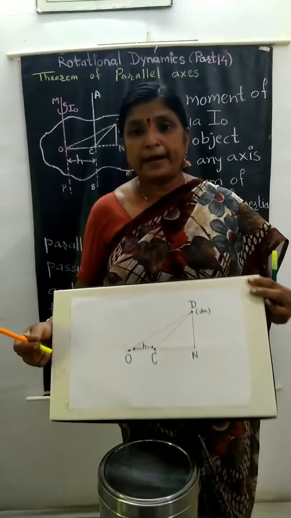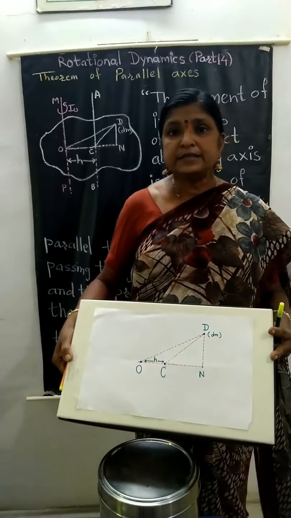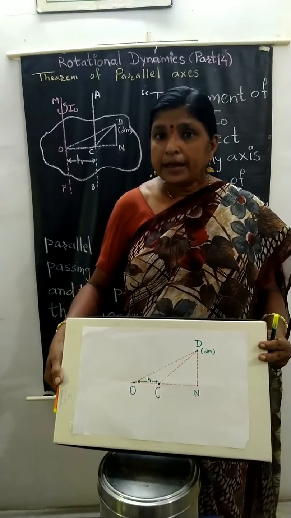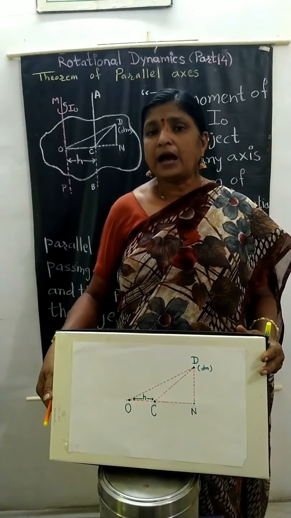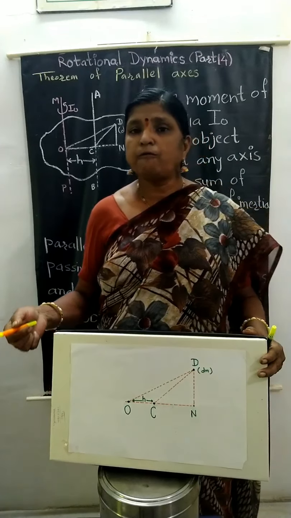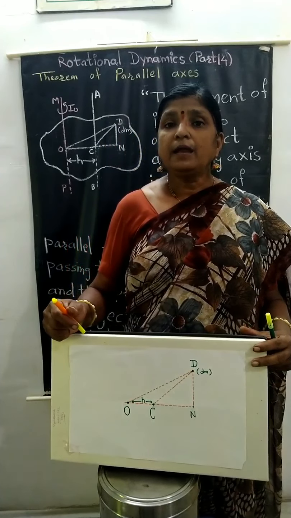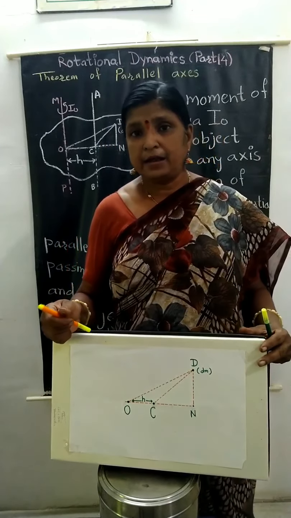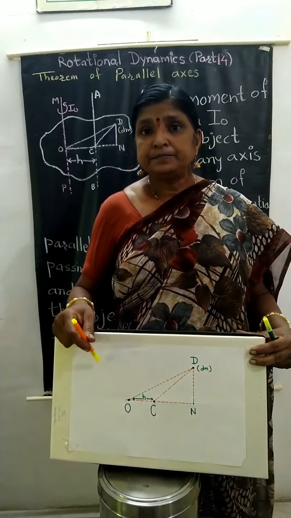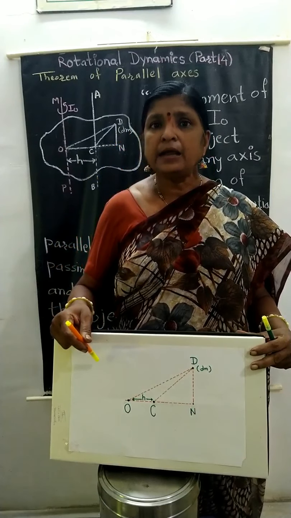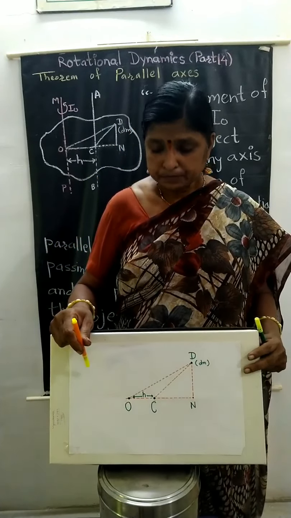Whenever we have to find the moment of inertia, what is the formula? It is summation mi ri square, i going from 1 to n. If the body consists of a single particle, then we can write mr square as its moment of inertia.